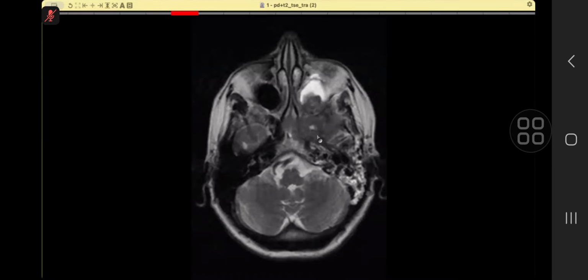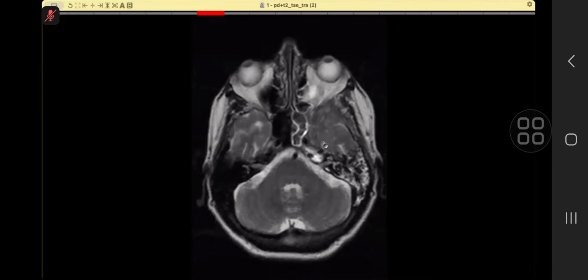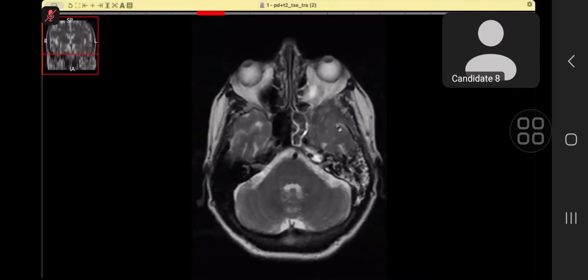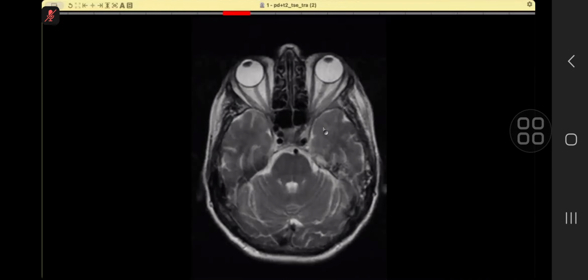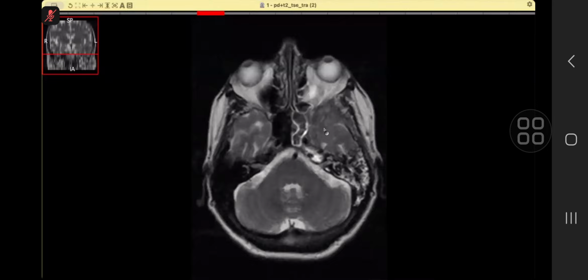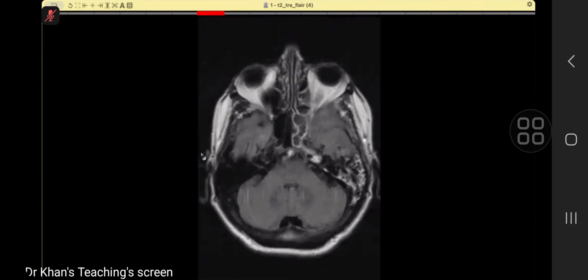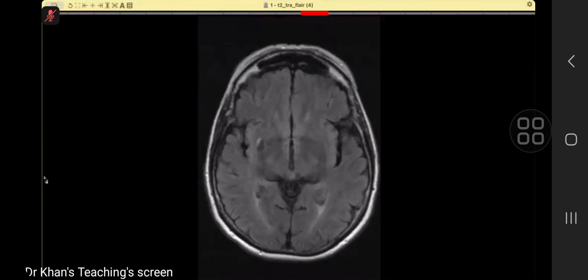Now here comes a bit of fine touch because this is the middle cranial fossa, part of the temporal lobe, and you can see that this is the temporal lobe, and actually even on this axial, the tumor is sitting inside. So at least one can raise that issue that it is going into the intracranial cavity, the middle cranial fossa.